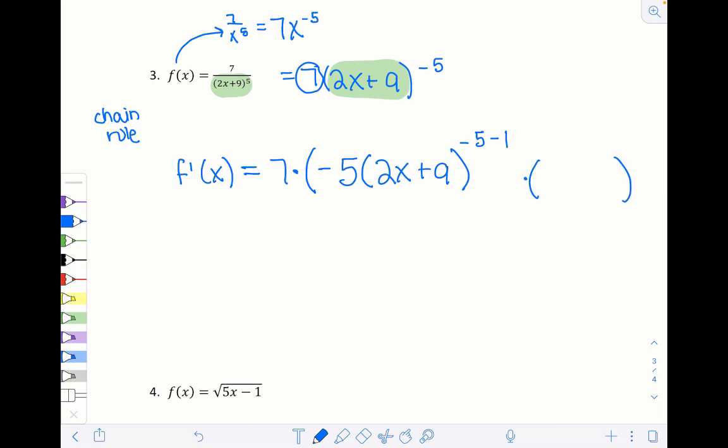This is the extra part, which can be easy to forget. And since this was more complicated, our last step is to multiply by the derivative of that. So the derivative of that is 2 plus 0, so I'm just going to write that as 2.